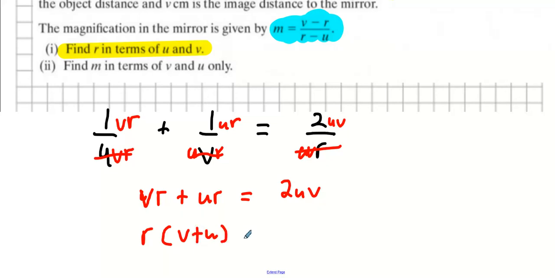V plus U. That V plus U on the left-hand side. Yes, exactly, but what way will I bring it over? It's division, yeah. Why? How'd you know that? It's multiplication on the left, has to be division on the right. Okay. Is that all right, guys?